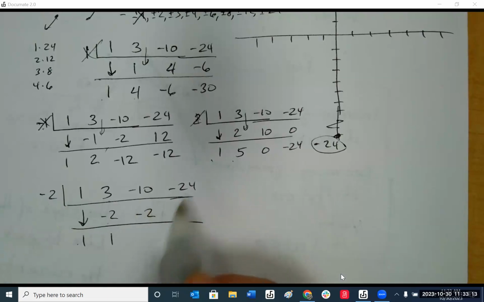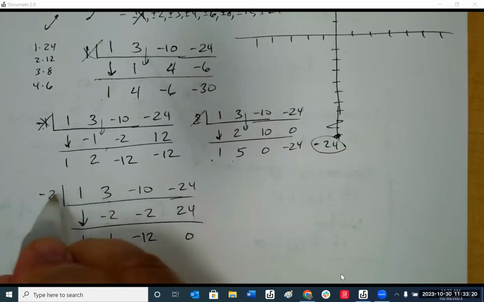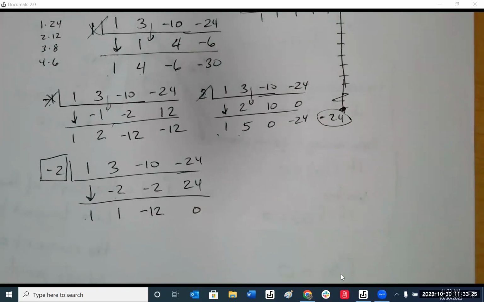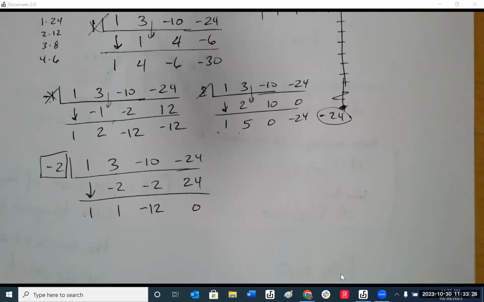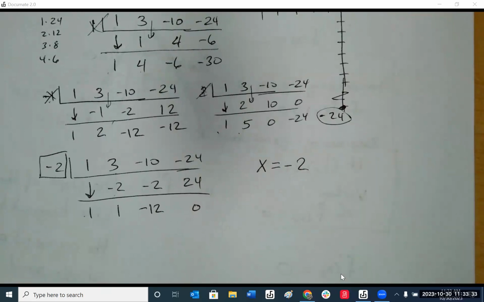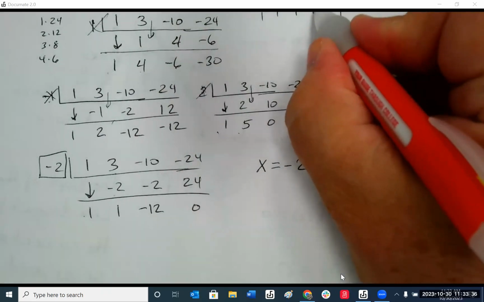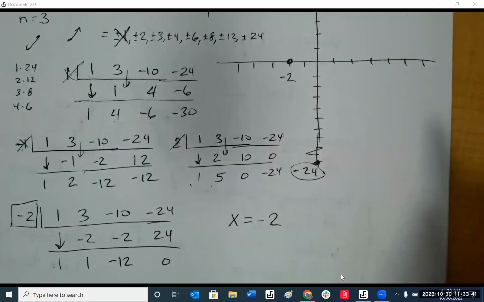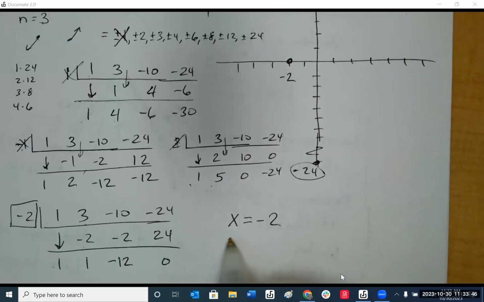Negative 2 times 1 is negative 2. Negative 10 minus 2 is negative 12. Negative 2 times negative 12 is positive 24. Yes. So we found our first zero, x equals negative 2, which means that x plus 2 is a factor.